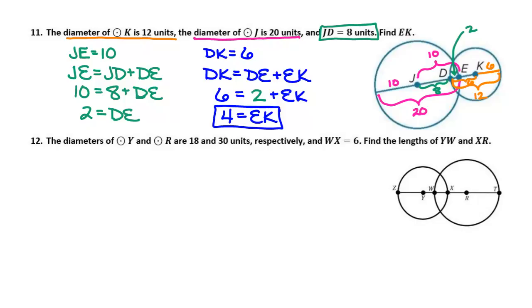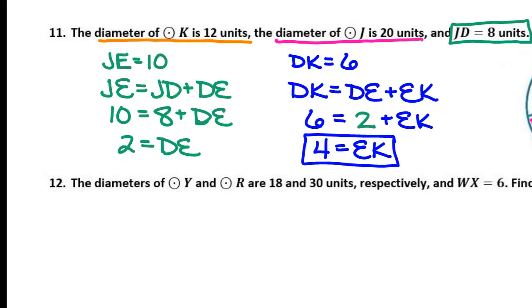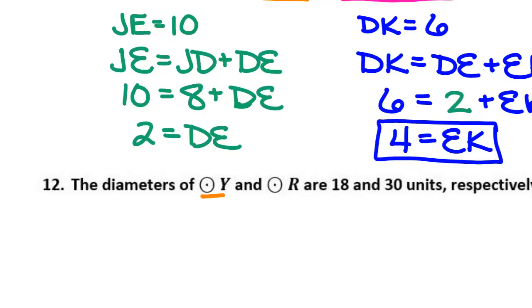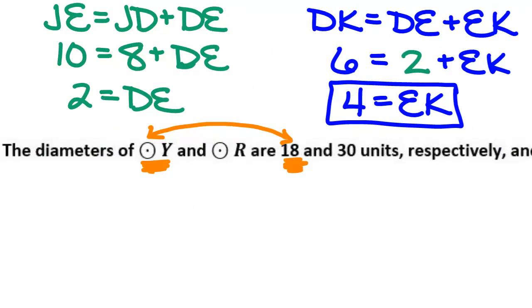Let's do one more like that to round us out for the day. The diameters of circles Y and R are 18 and 30 units respectively. When they say respectively, that means the first one here goes with the first number here. So the diameter for circle Y is 18. And the second one goes with the second one. So the diameter for circle R is 30.